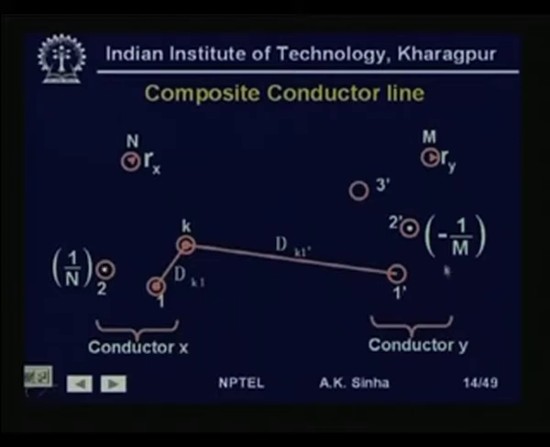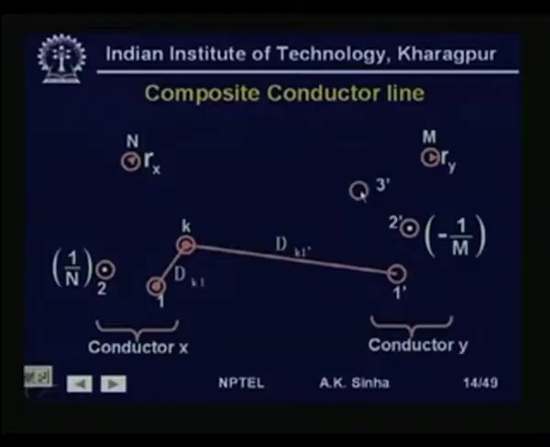The other conductor, which is a return conductor, consists of m number of subconductors, and each one of them will be carrying minus I by m current, because this is a return conductor. So, current I is flowing through this conductor and returning back from the other conductor. So, conductor Y has m subconductors, each carrying I by m current.